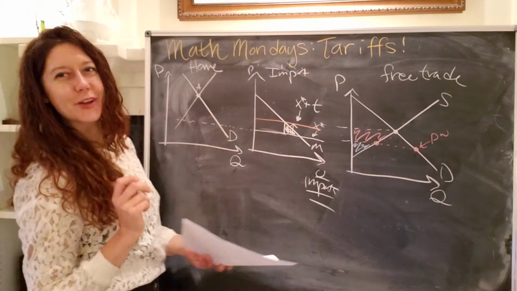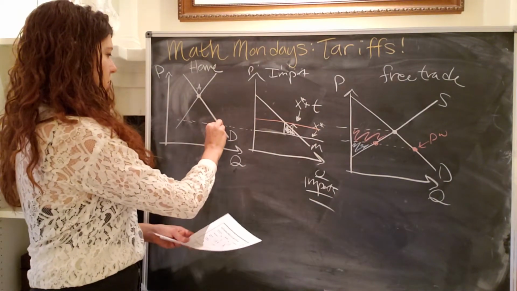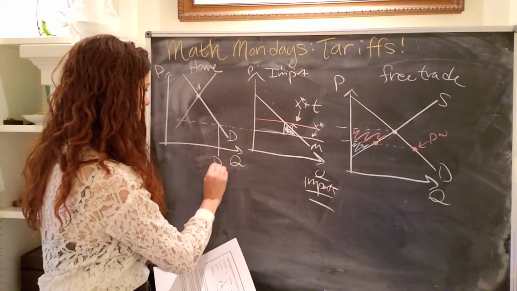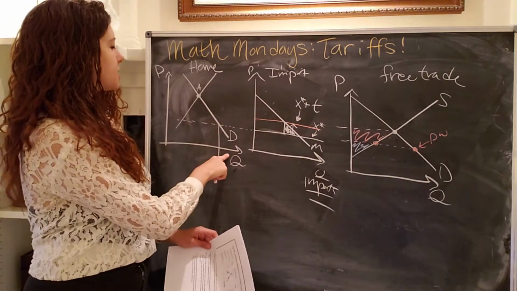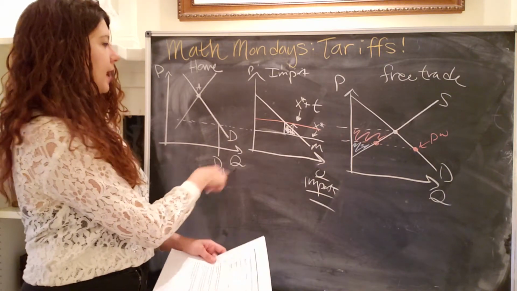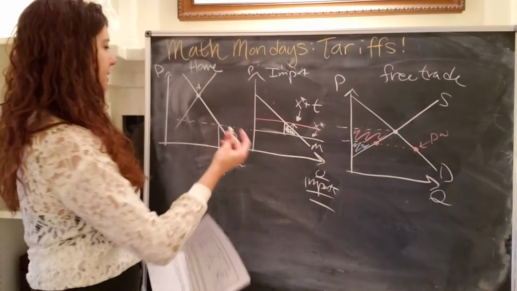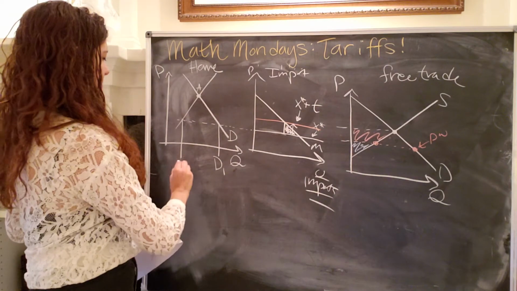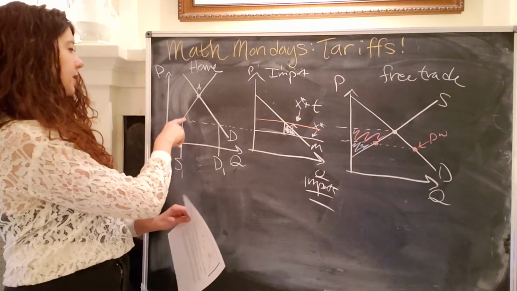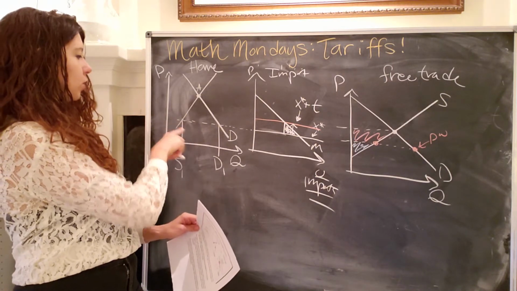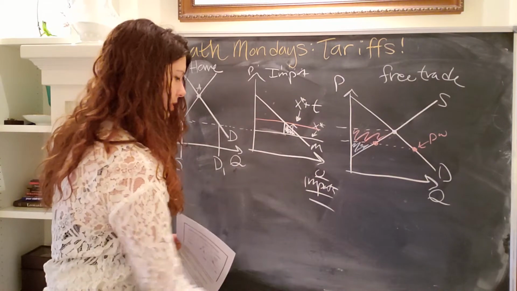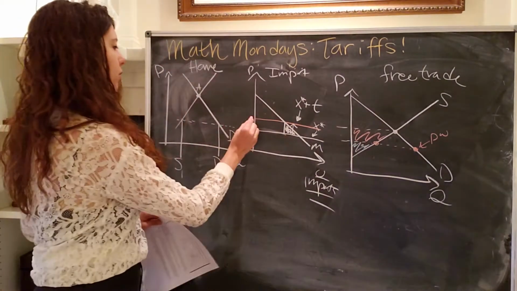So the original demand we are going to call D1. And you notice that more people are going to be buying at the lower price. That makes sense. And the original supply without the tariff is going to be lower. So the demand without the tariff is higher, the supply local is lower.